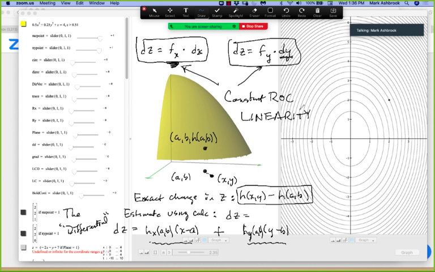So if we're sticking to linearity while we're moving away, then we're going to begin to deviate from the actual surface if it's curved. So these meanings for partial derivatives are based on constant rate of change, proportionality, linearity. And that's what this change in z is based on.